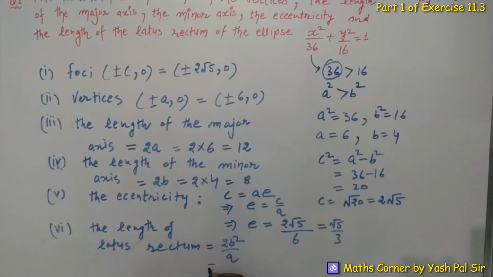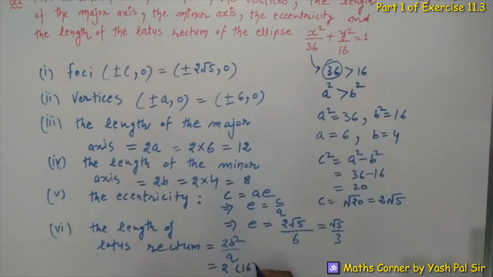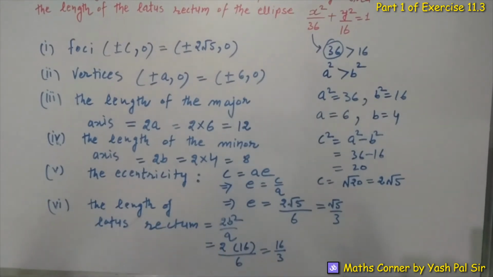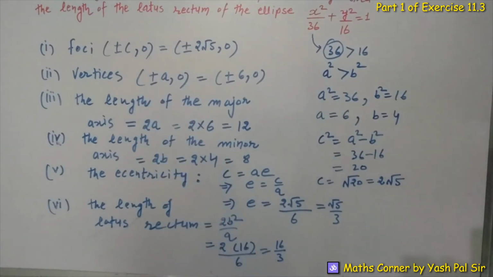So here we have 2 into b square is 16 upon a. a is 6. So this becomes 16 upon 3. So this way all the parts are solved. Now similarly we can solve other questions.